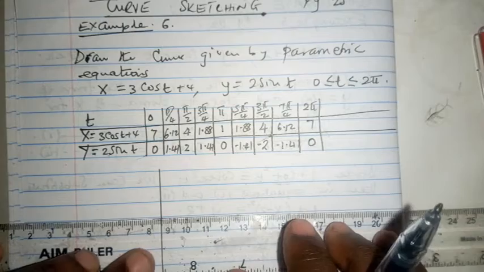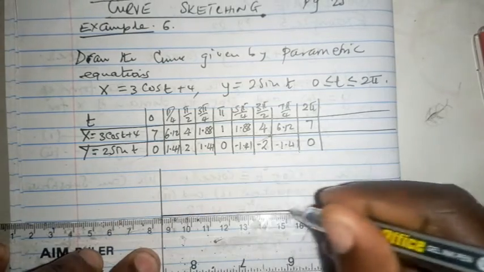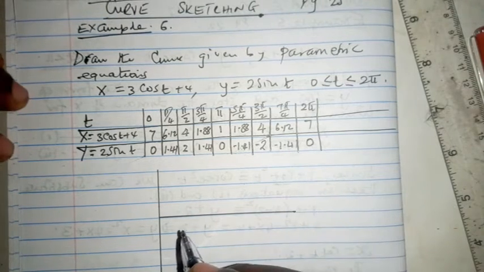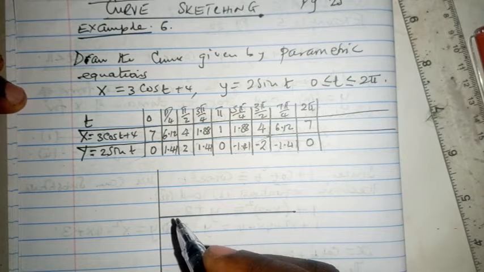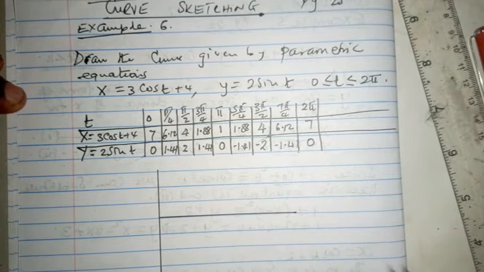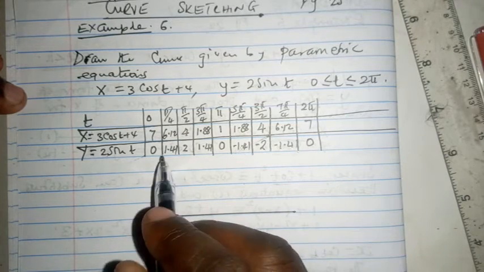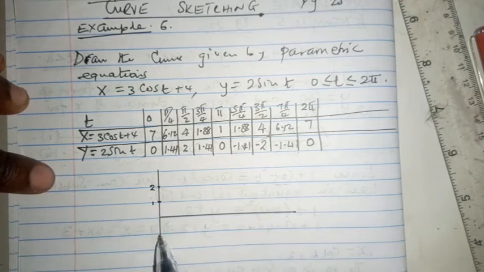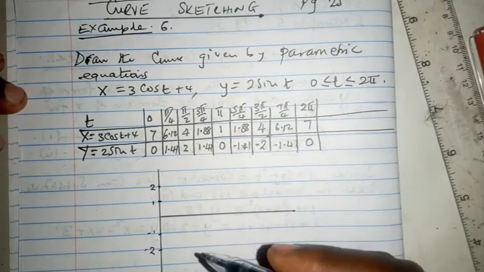So you are left with the responsibility of plotting that curve. You can see the value of x is all positive, so the highest value of y is 2 and negative 2, so 1, 2. This is negative 1, negative 2. What about the value of x?